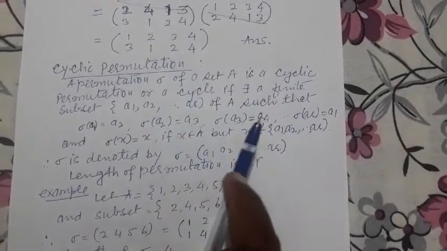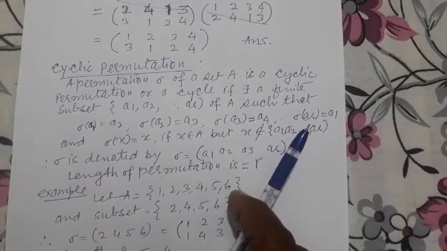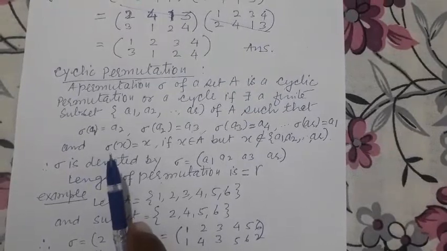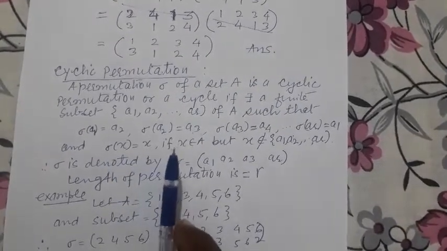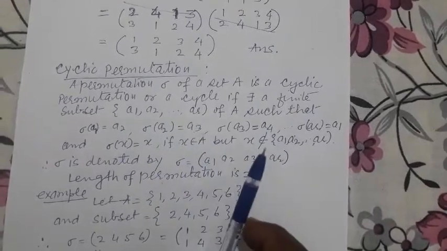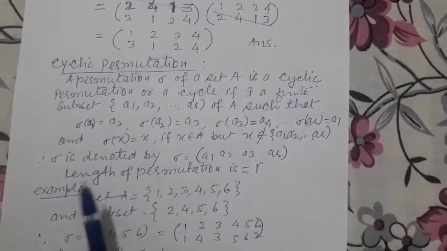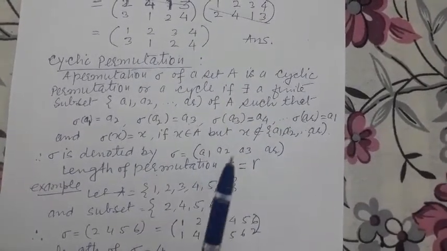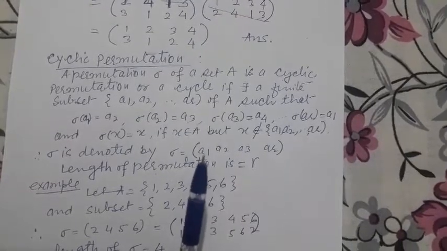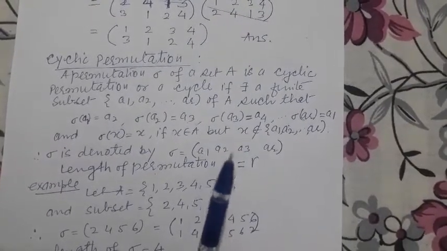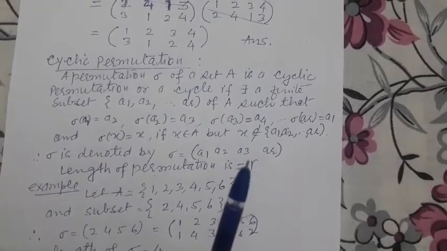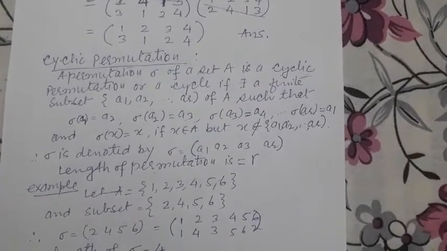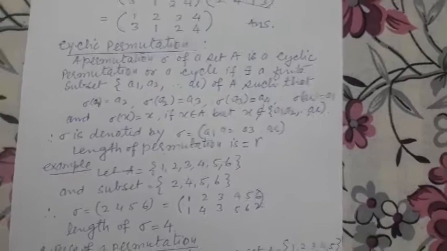The image of the last element Ar is equal to the first element, and sigma of x equals x if x belongs to A but does not belong to the subset. This is denoted in single row notation: sigma means image of A1 is A2, image of A2 is A3, image of A3 is A4 and so on, image of Ar is A1. So the length of this permutation is r.